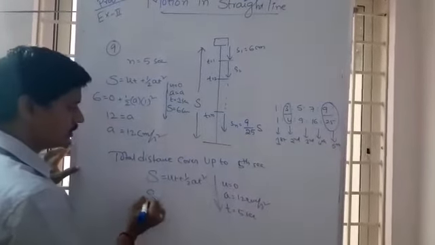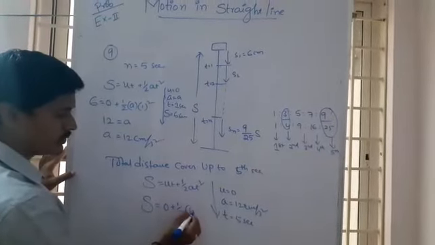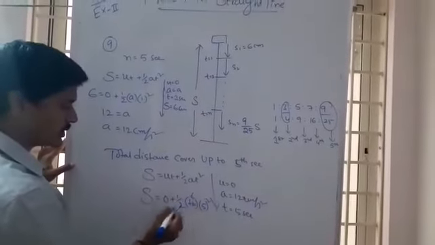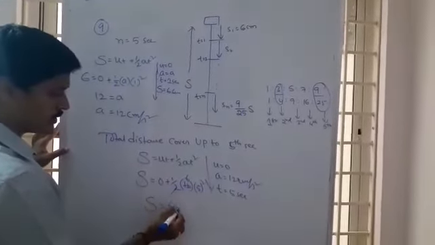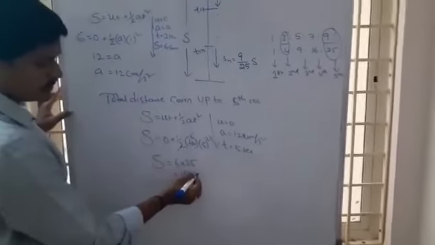Then s is equal to 0 plus half into 12 into 5 square, so s is equal to 6 into 25, so 150 centimeters.